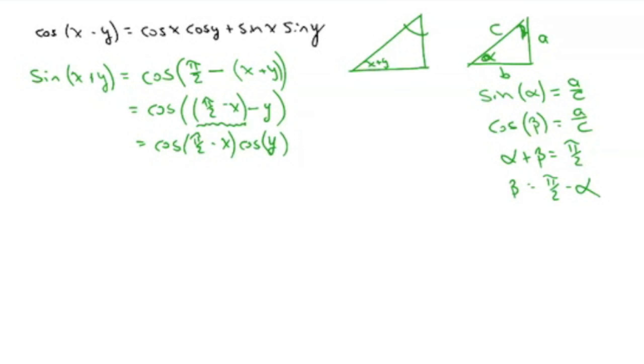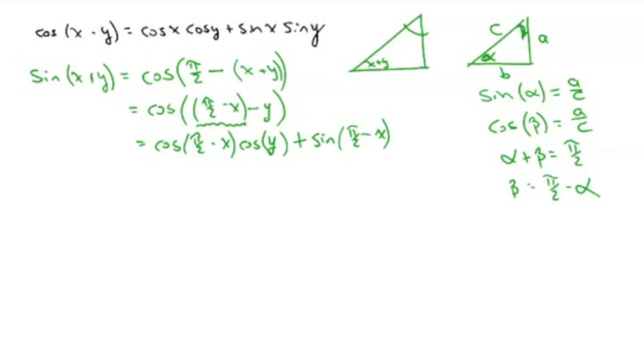So it's cosine of the first, cosine of the second, plus sine of the first, sine of the second.